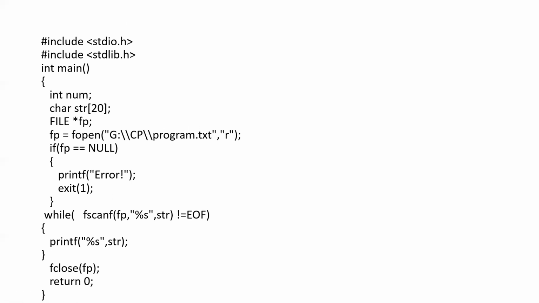The last character of a file is a special character, end of file. So we can check whether the string that we read is the end of the file. If it is not, we can print it on the screen. Otherwise, continue reading till the end of the file. We have put it inside a loop because fscanf reads the content only till a white space character is encountered.